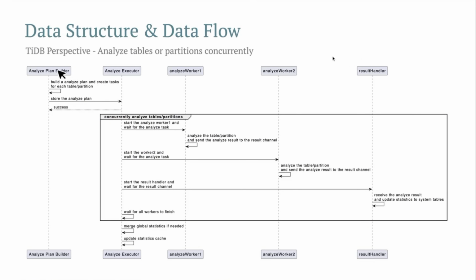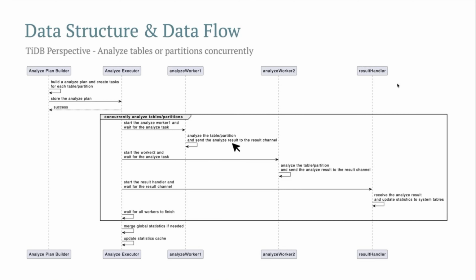First, we will create analyze tasks for each table or for each partition. Because it's just a normal query, we still use the SQL interface, so we use the same framework to build the Analyze plan. We use this plan builder to build the Analyze plan, and we start some Analyze workers for each task or for each table.